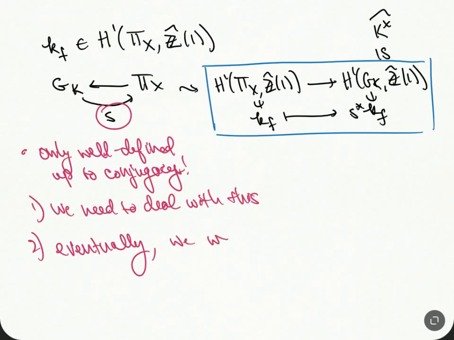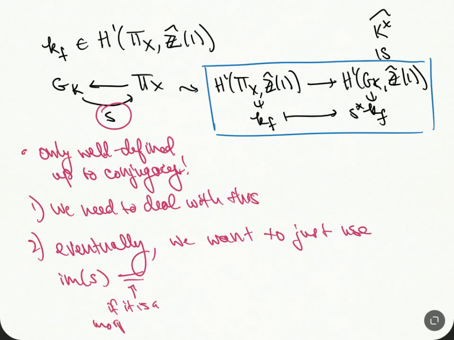We want to take the image of S. If this is a genuine morphism of groups, say not outer.